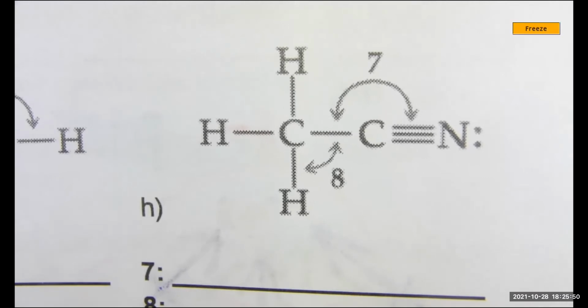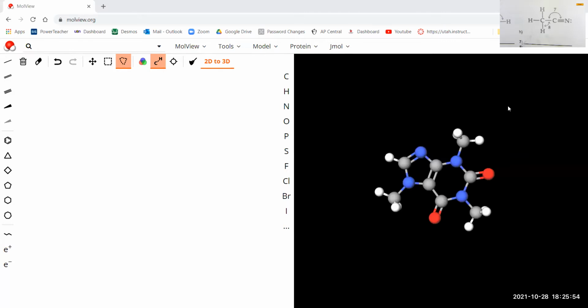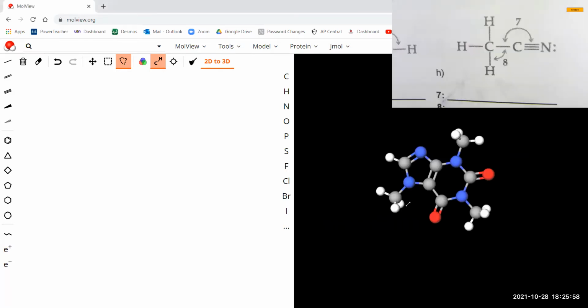All right, so there's the structure I'm looking at. And now with that on the screen and mole view here in the background, I'm going to draw this molecule. I have a carbon. Carbon, click, carbon, click. And I need hydrogen, hydrogen, hydrogen with single bonds attached.